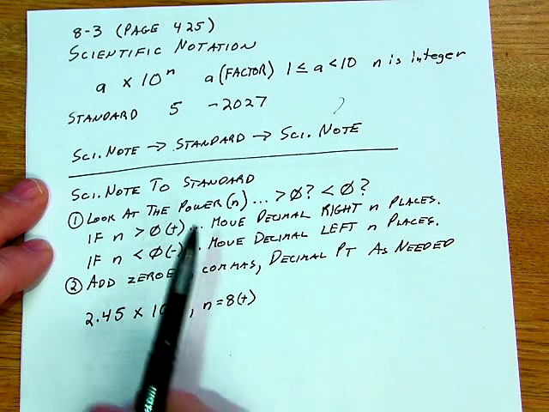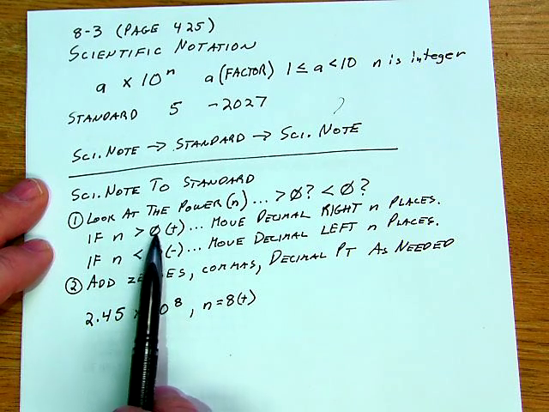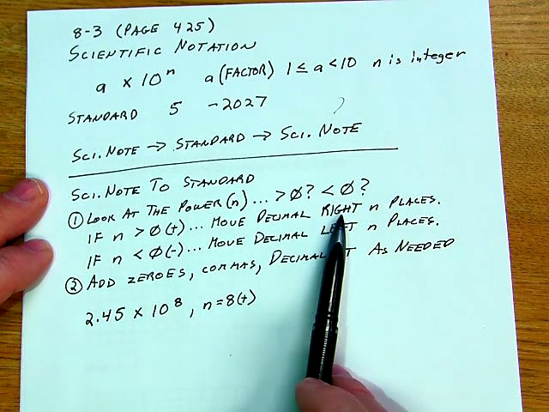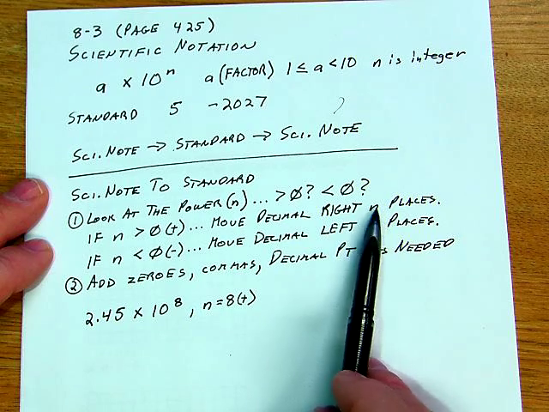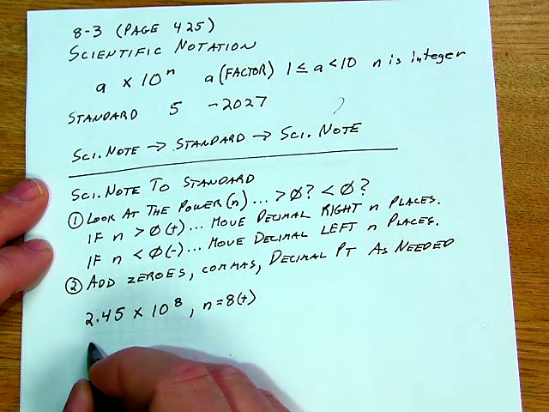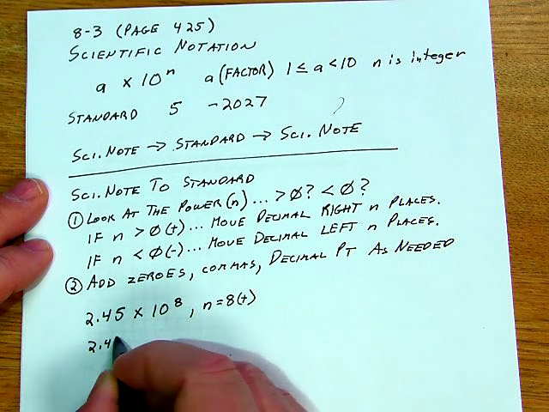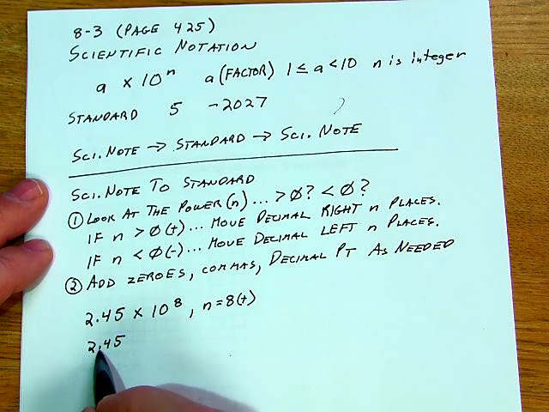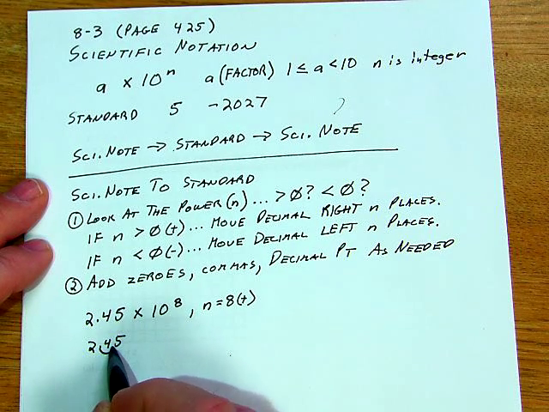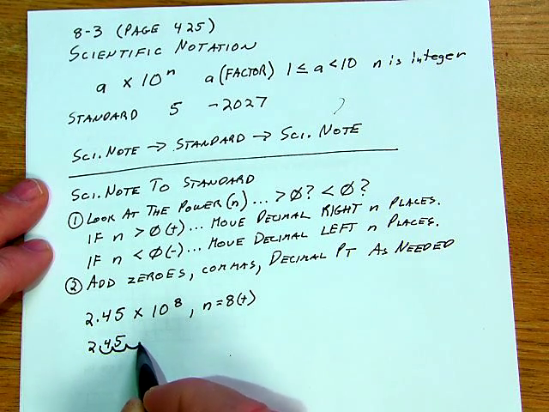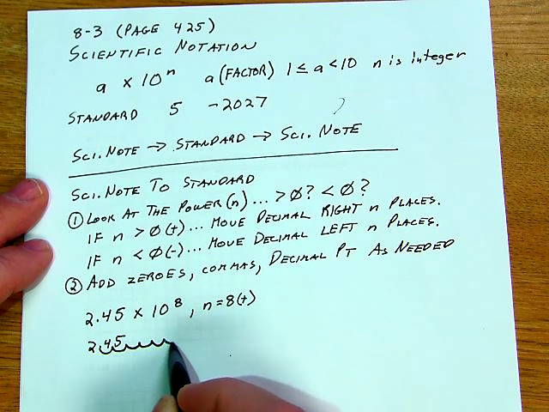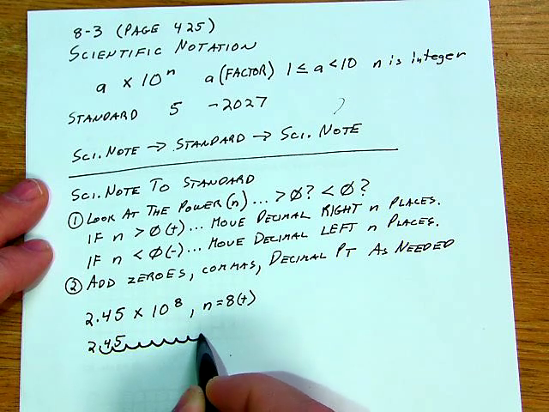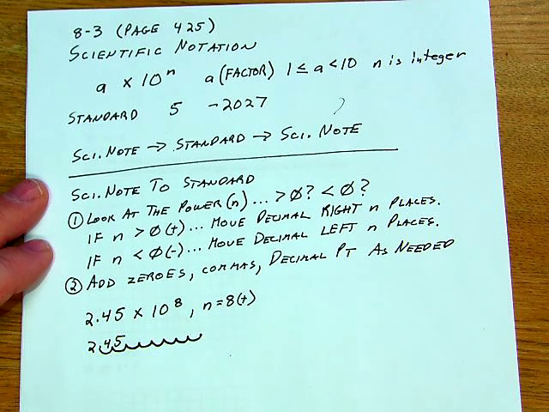I notice that that's positive, so I come up and look at my rules. If N is greater than 0, or a positive number, I'm going to move the decimal right N places. So I write my number again, 2.45. How do I move the decimal right? I use the little bubble chart: 1, 2, 3, 4, 5, 6, 7, 8. I moved it over 8 places, so I know the decimal point goes right there.